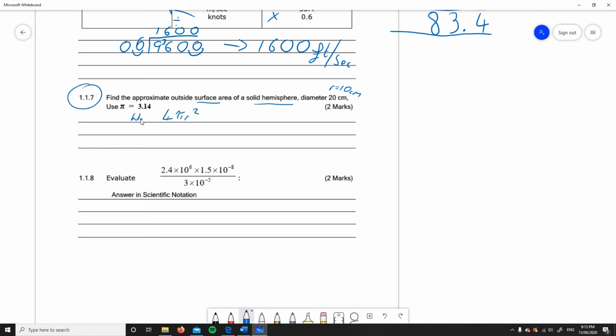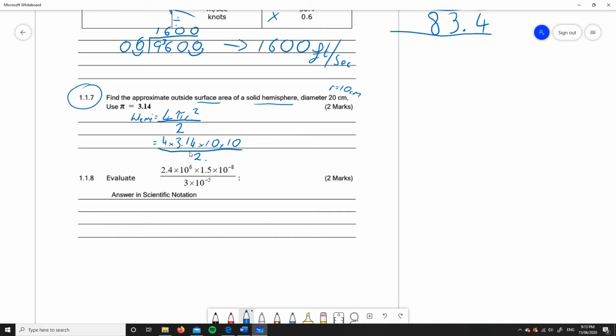So the hemi is going to be half of that. Okay, so substitute some values in there. So I'm essentially looking at 4 times 3.14 times 10 times 10 divided by 2.